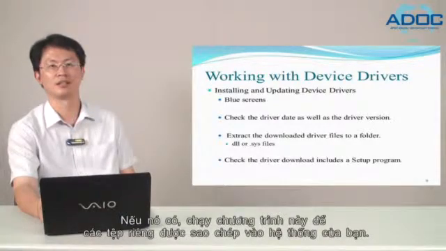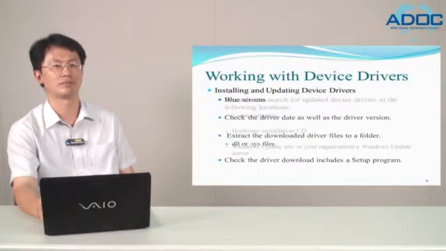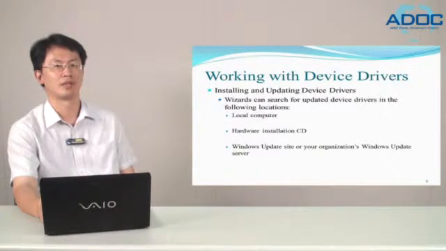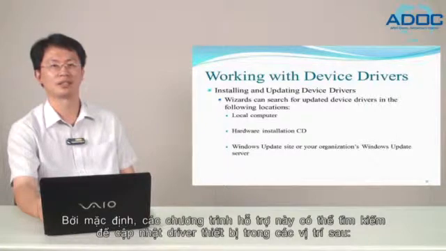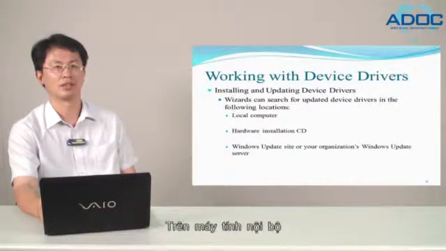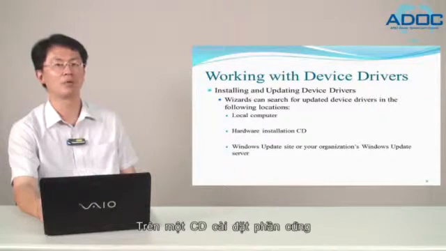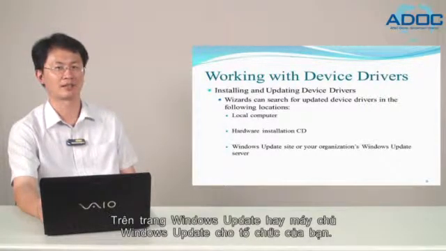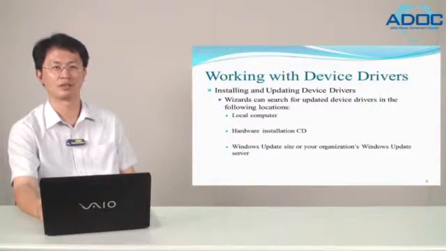If it does, run this program so that the proper files are copied to your system. By default, these wizards can search for updated device drivers in the following locations: on the local computer, on the hardware installation CDs, on the Windows Update site, or your organization's Windows Update server.